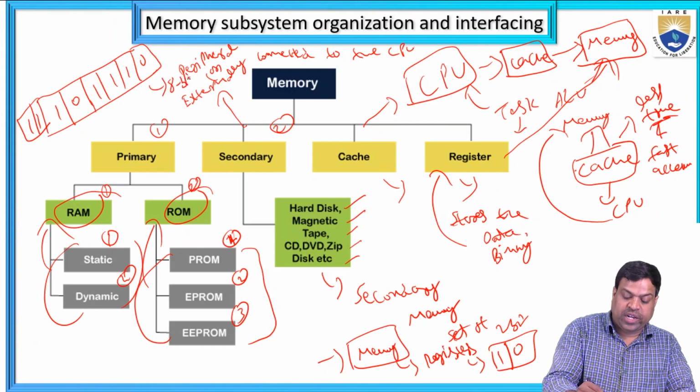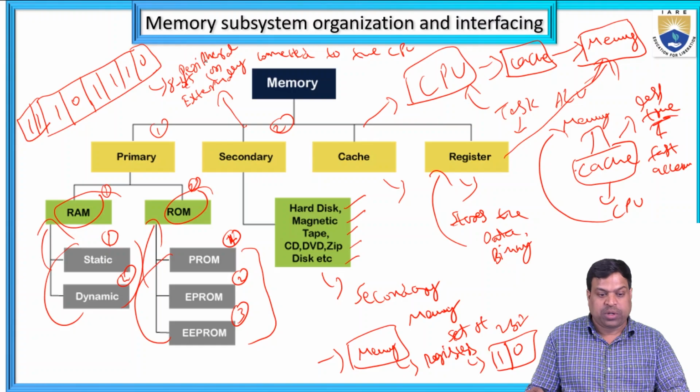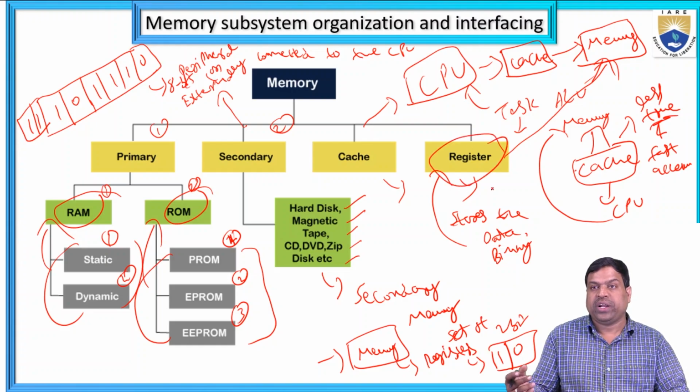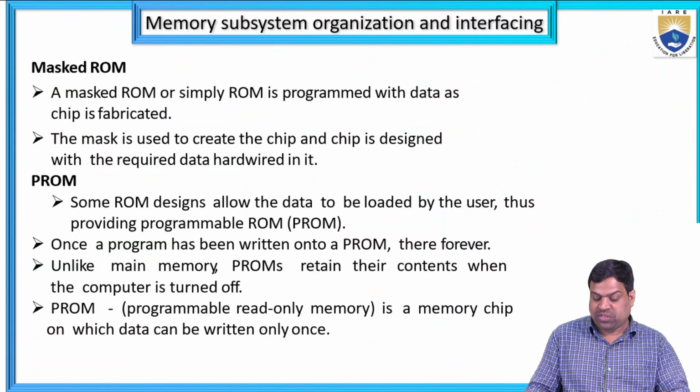Suppose it is an 8-bit memory. This 8-bit memory is used for the registers. 2-bit, 4-bit, 8-bit, 16-bit, 32-bit registers are there. So these registers transfer the data in the form of binary to the memory.